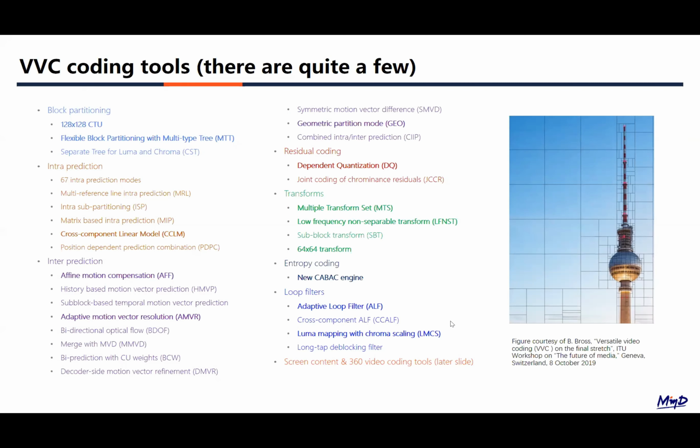For entropy coding, we swapped out the entropy core engine with a new one that is more powerful. And loop filter, we have a few new ones, adaptive loop filter certainly, and also a tool called luma mapping with chroma scaling, achieving good gains. Of course, we also have coding tools for screen content and 360-degree video. We'll talk about those later.